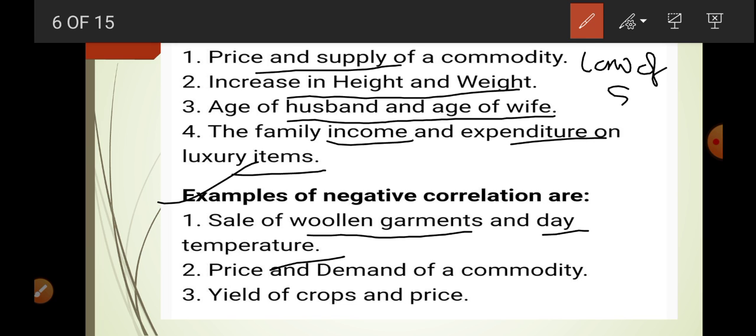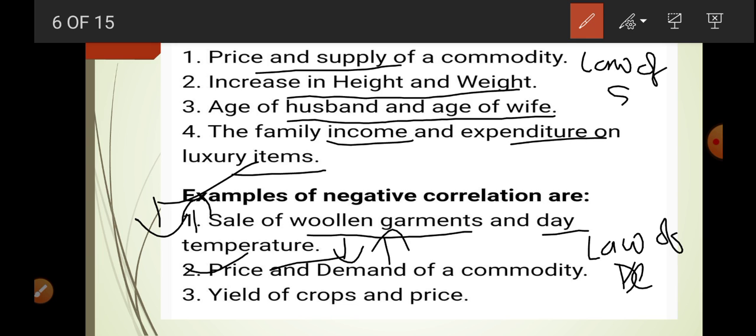It means that when temperature decreases, sale of garments increases, but when temperature starts to increase, sale of woolen garments starts to decrease. Also price and demand of a commodity, that is, the law of demand; and yield of crops and price.